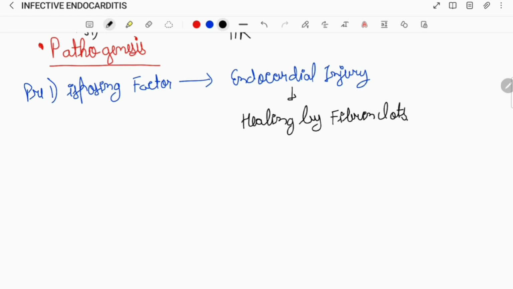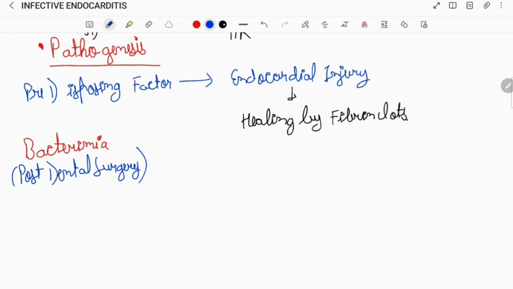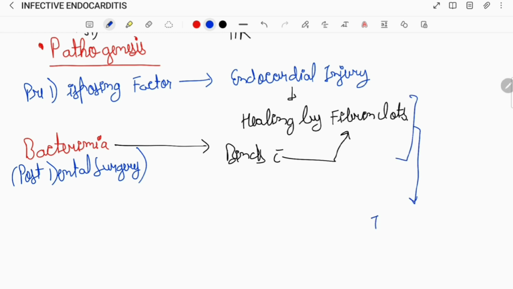Now, whenever a person having these predisposing factors suffers from bacteremia, that is bacteria in the blood or say bacterial infection, which can most commonly occur after a dental surgery, then the bacteria go and bind with these fibrin clots, which in turn leads to the formation of infective endocarditis vegetation. And this causes the clinical features.